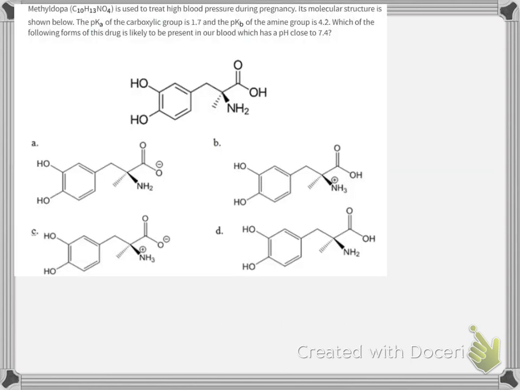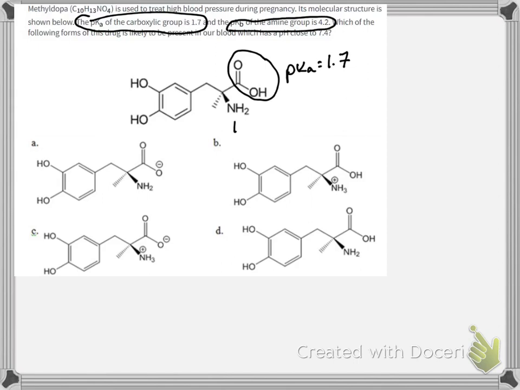All right, so this is a question very similar to what we did in class. We're given two values, a pKa and a pKb. And we want to know, in our blood, which is at pH 7.4, what would be the most abundant species? Okay, so first we're going to identify the pKa groups. The carboxylic group that's there has a pKa of 1.7.